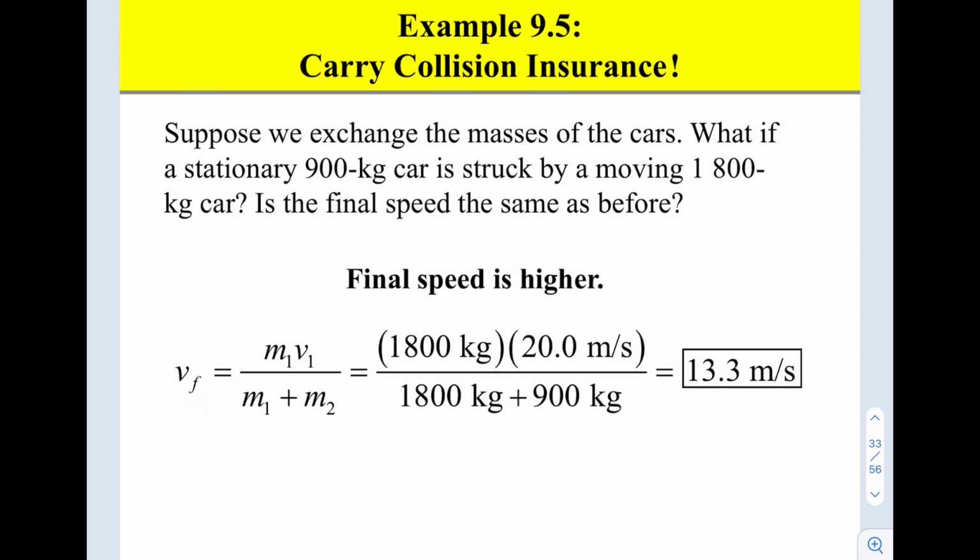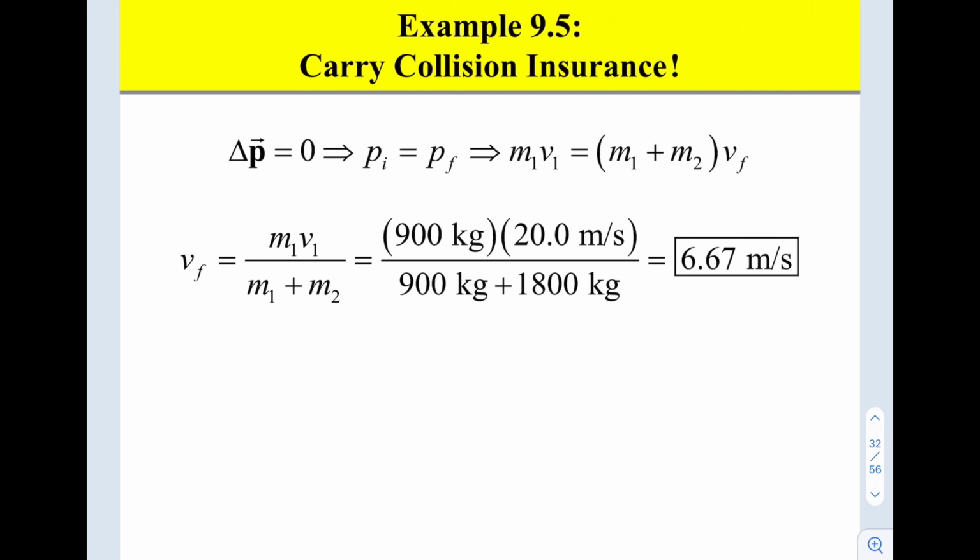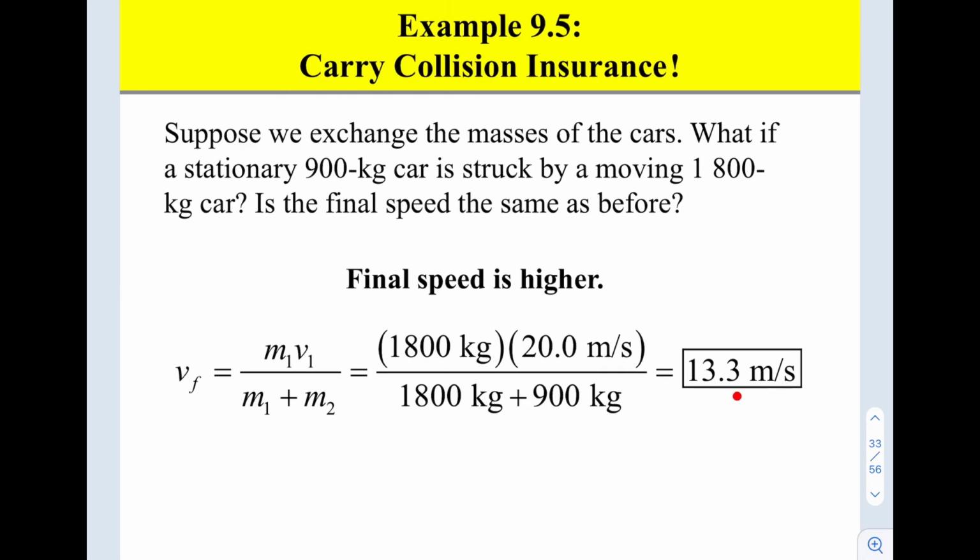From the equation of V final, let's substitute. Now our M1 is 1800 and our M2 is 900. You see here, it's going to be 13.3 meters per second in comparison to 6.67 meters per second. So definitely the final speed is higher.